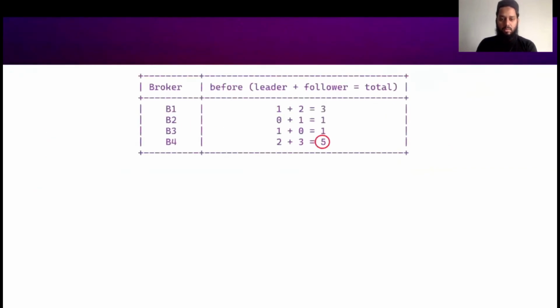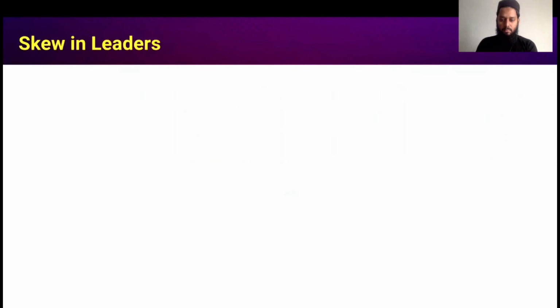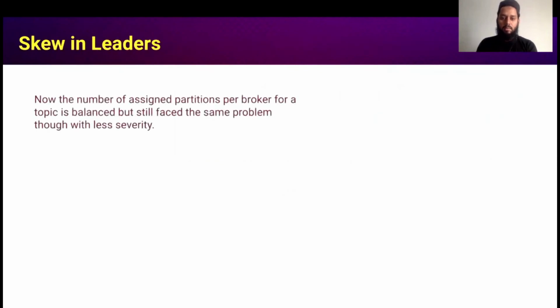This was the earlier distribution. After running this algorithm on it, it looks like this. Now broker 4 has only 3, and broker 3 has 3 leader plus follower count. We still saw a similar problem, but the severity was less.